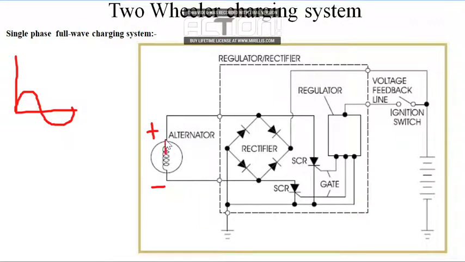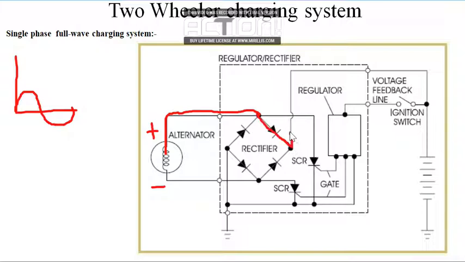At this point there are two positions: the current may go this way or that way, but this diode is at reverse bias, so it won't go there. It is supposed to pass through this one.